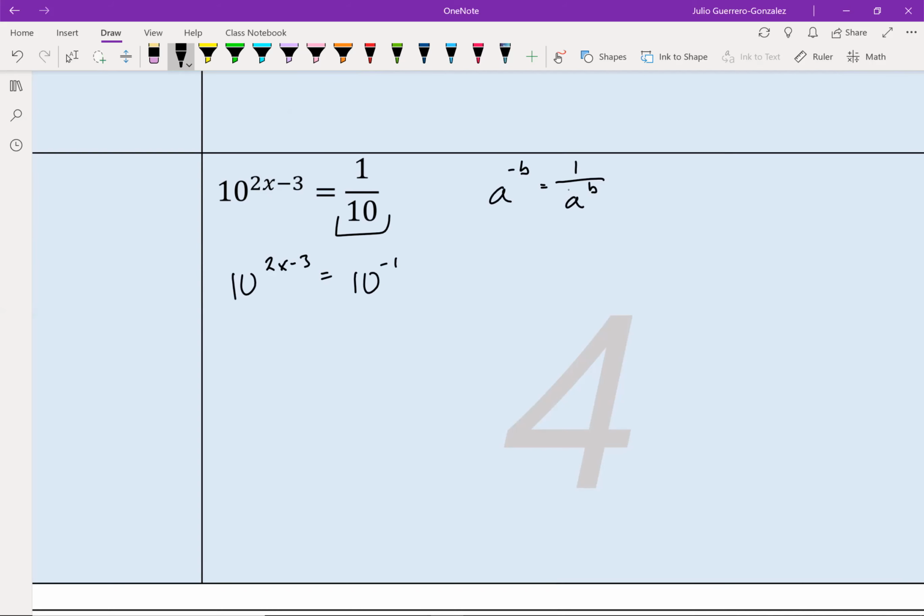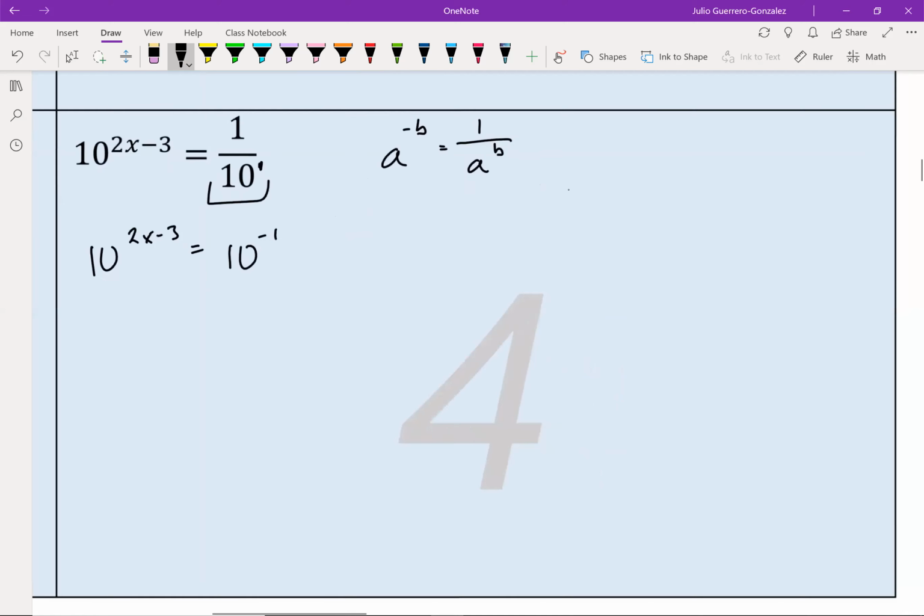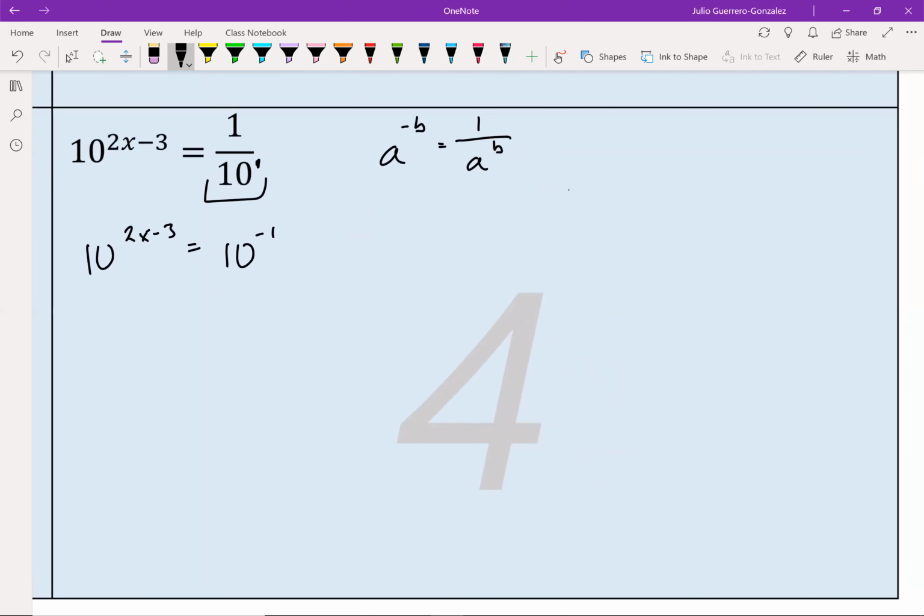So we're just going to pretend that there's an exponent of 1 there. And then the rest falls in our lap. That's 2x minus 3 is equal to negative 1. Then you add 3, add 3. So x equals 1. Yep. And we are done.